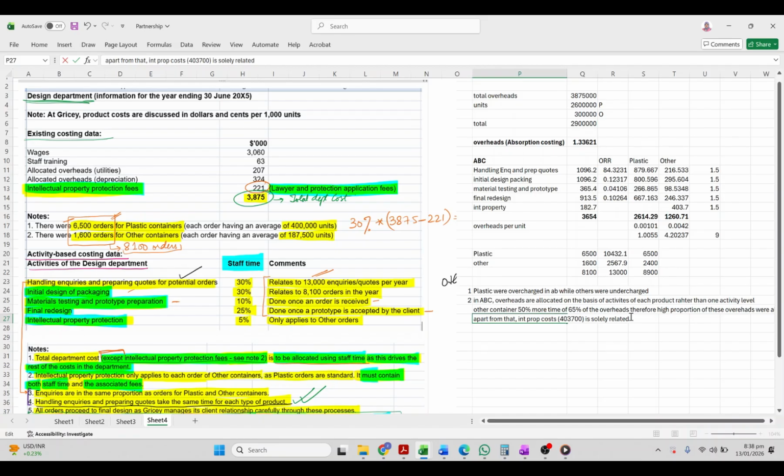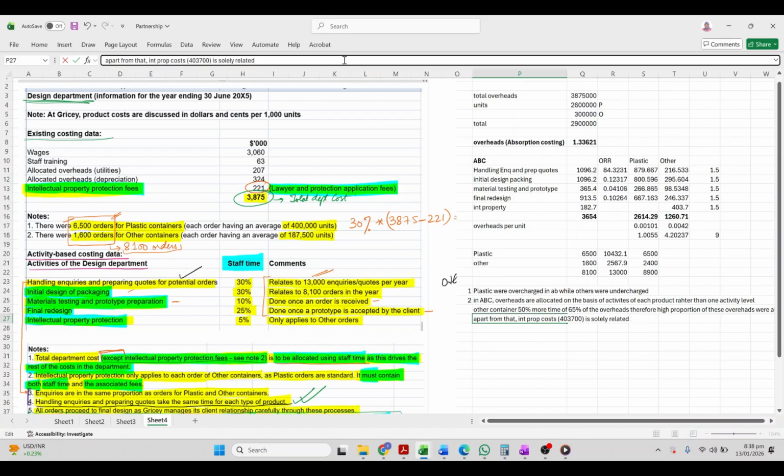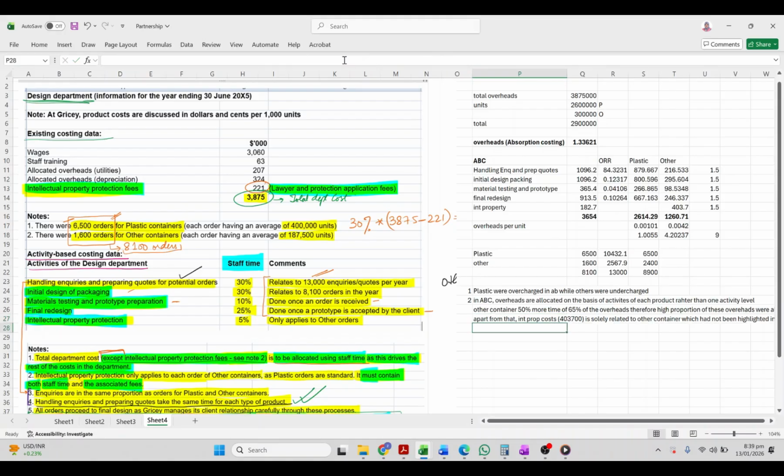Is solely related to other container which had not been highlighted in the traditional absorption costing method, right? So these are 3 to 4 points you need to write.